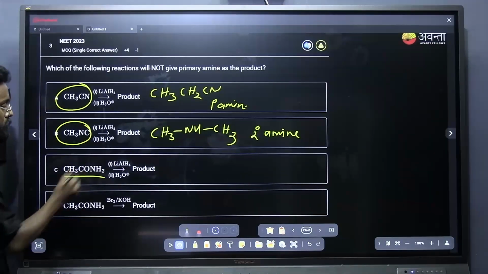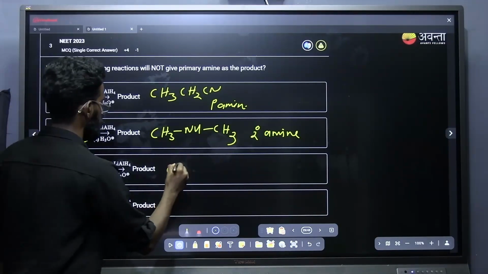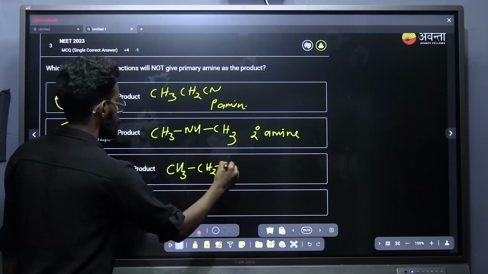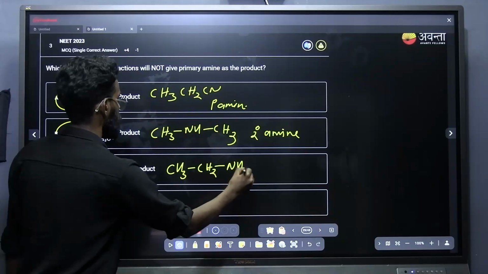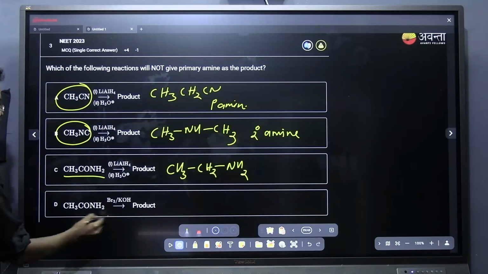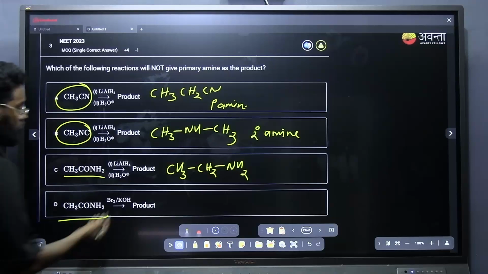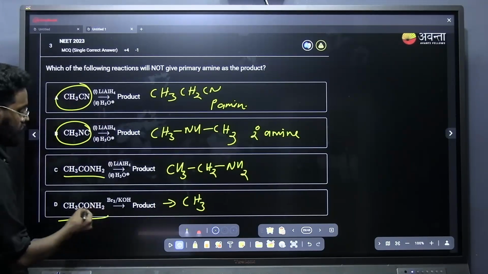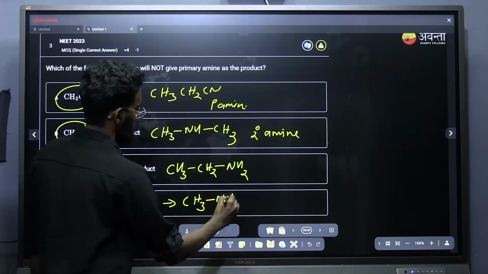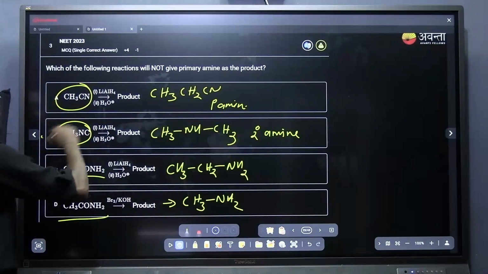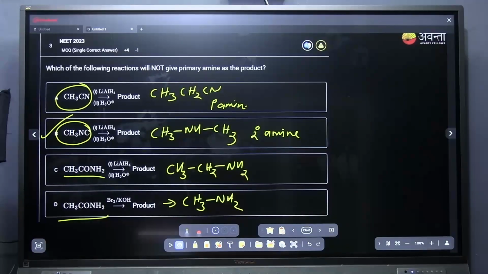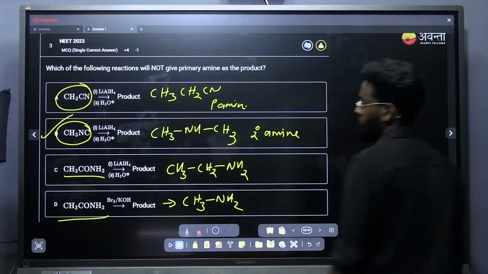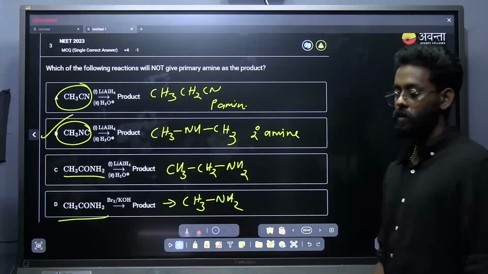Then here you can see this is an amide, and amide we all know converts the carbonyl group to CH2, and we will be getting primary amine. And here also, Br2 in presence of KOH, Hofmann bromamide degradation, we will be getting amine with one carbon less, CH3NH2. All are primary amine. This is the only secondary amine, so this is our answer. Is it done, everyone? Shall we move?